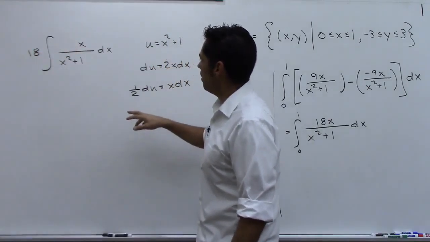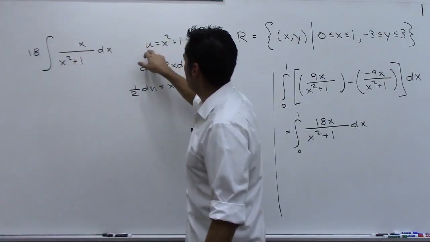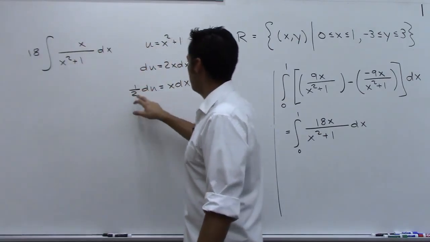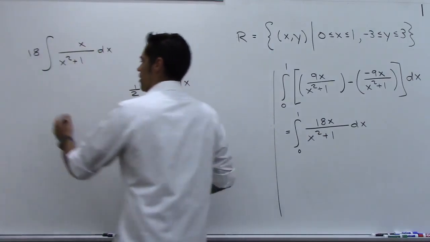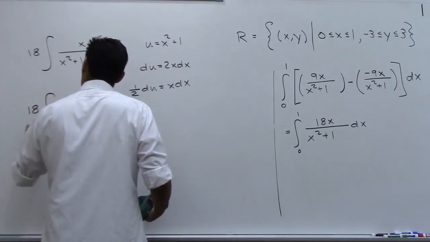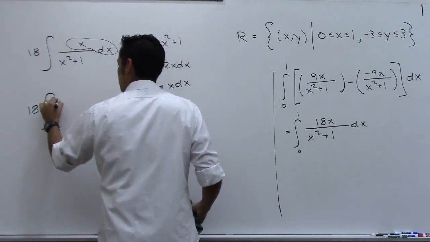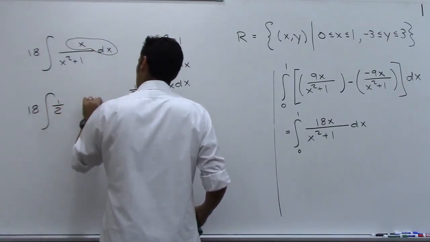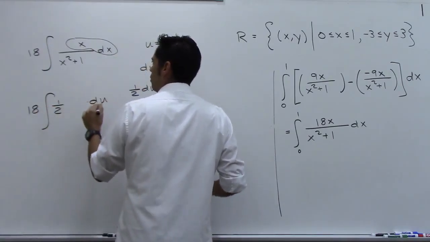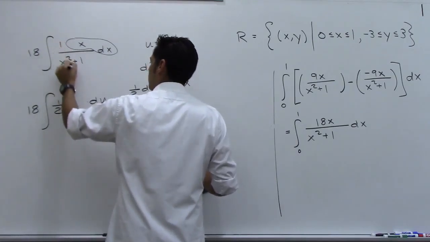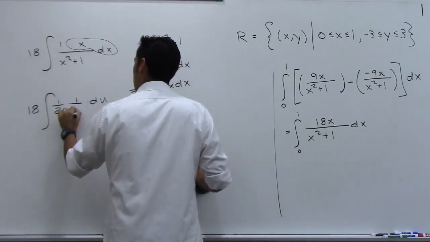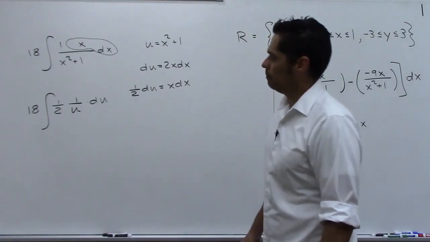So what I'm going to do is I'm going to replace x squared plus 1 with u. I'm going to replace x dx with 1/2 du. So this integral becomes 18. This right here is 1/2 du. 1/2, I'll put the du in the back because of multiplication. And this is 1 over this, so 1 over x squared plus 1, which is u.